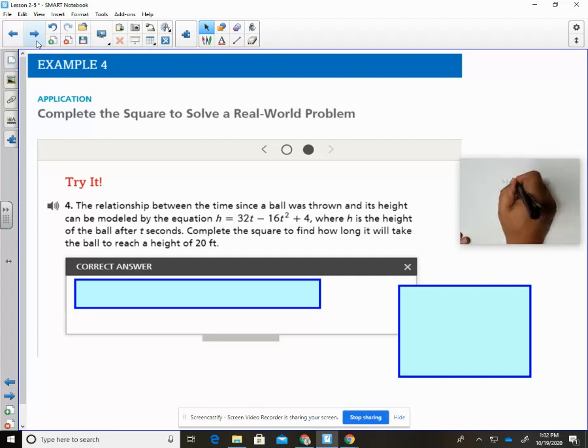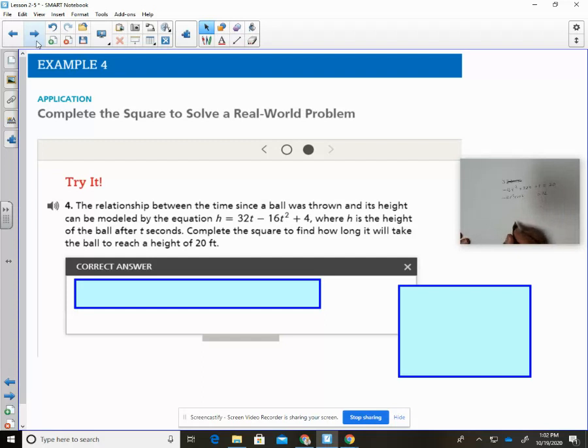negative 16t squared plus 32t plus 4 equals 20. Then I'm going to separate negative 16t squared plus 32t, and take the 4 over and make that 16.